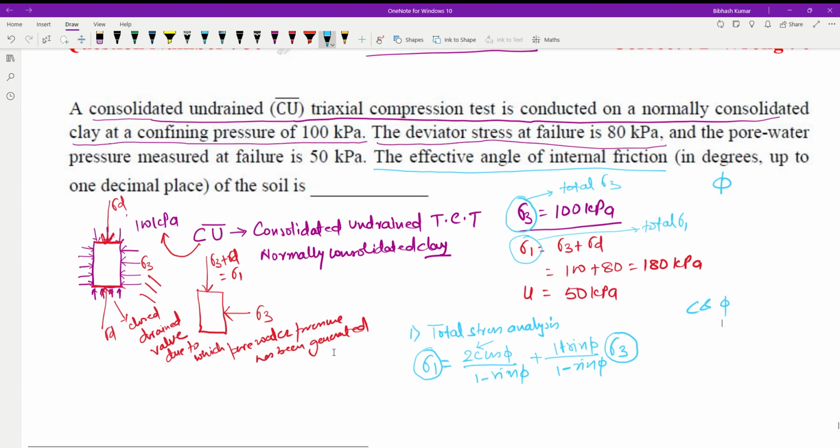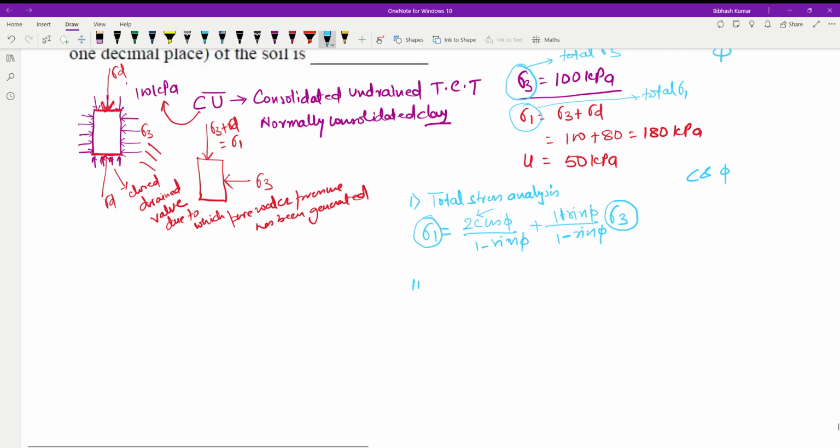But when we perform the second one, the effective stress analysis, in this case also this equation holds true, but this should be in the effective stress, like sigma 1 effective.